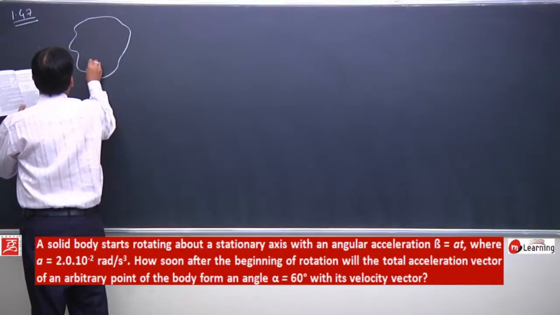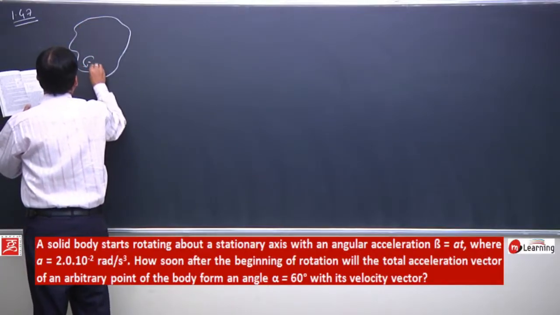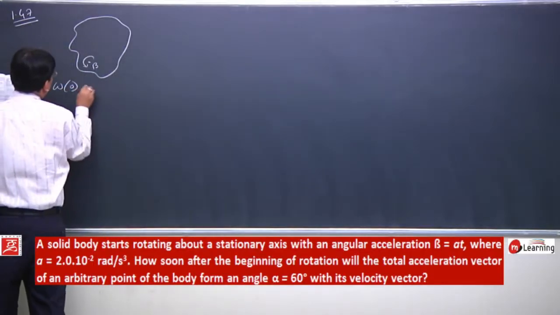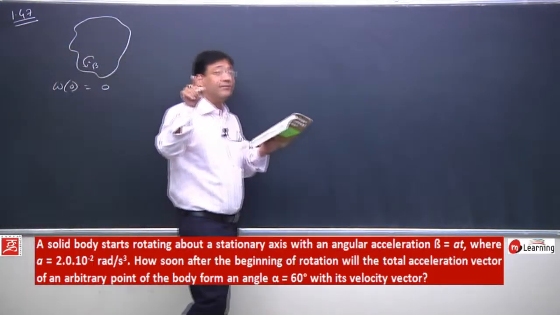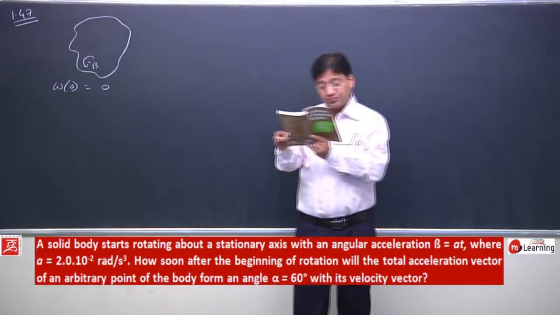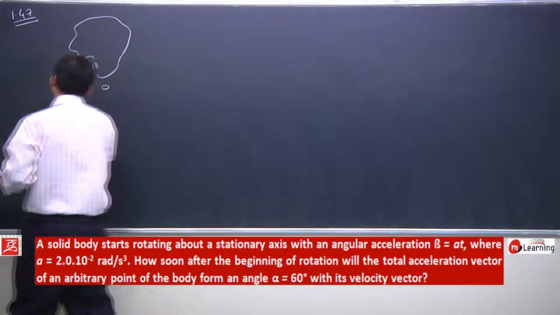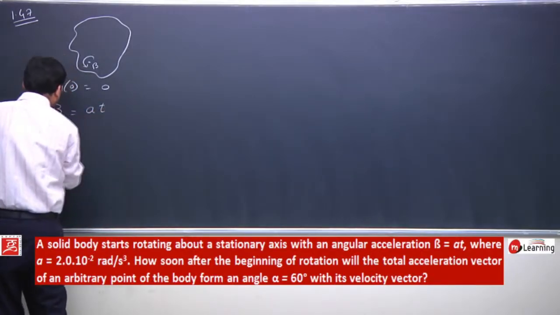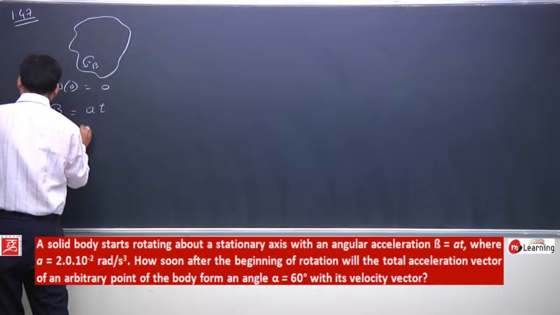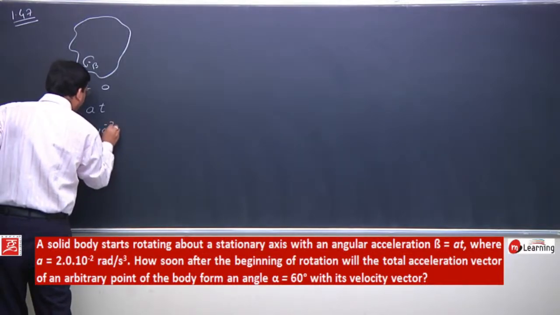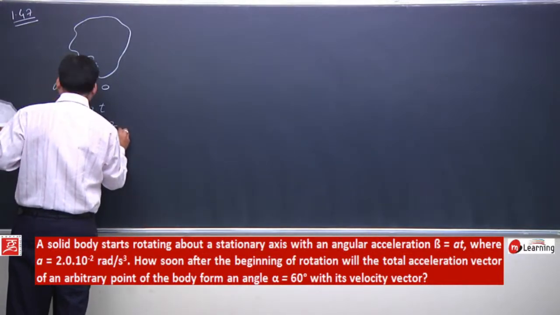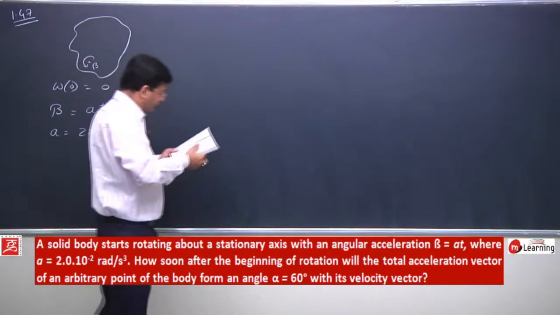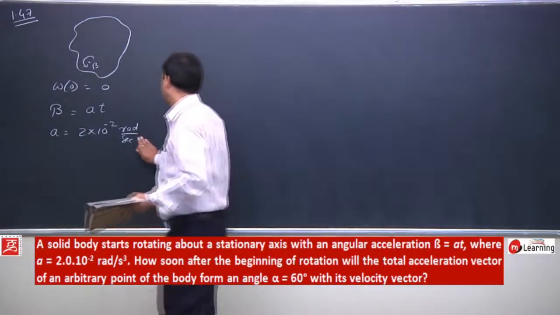There is a body, it starts rotating, which means the initial angular velocity is 0. Angular acceleration is a into t. Here a is 2 into 10 to the power minus 2 radians per second square, per second cube in fact.